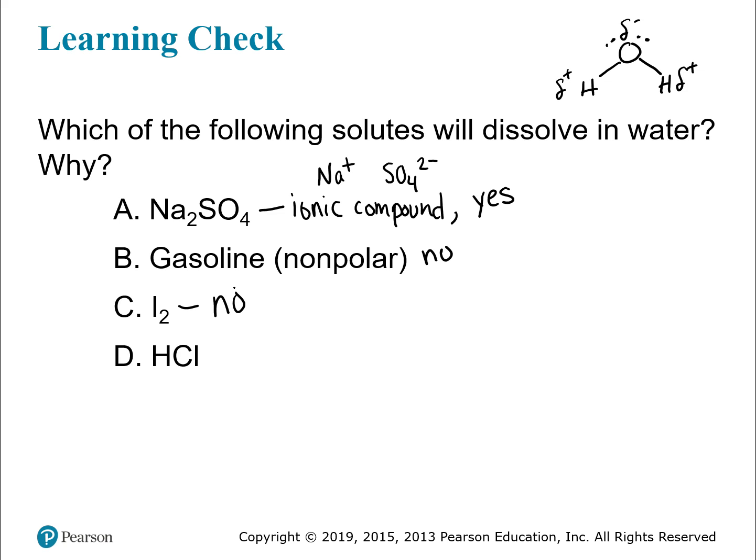It's a molecule with no charge. It is nonpolar. So just like the gasoline, it's nonpolar, so it doesn't want to be in something that is polar. With these, you have to look at the compounds and figure out, is it polar, is it nonpolar, is it ionic? And that will help you.